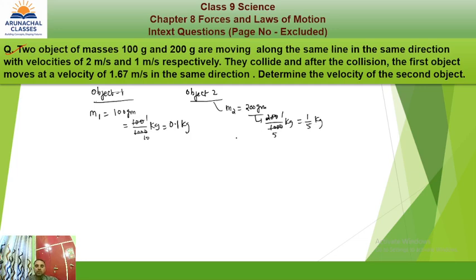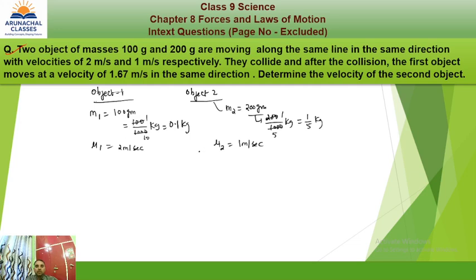They are moving along the same line in the same direction with velocities of 2 meter per second and 1 meter per second. So the initial velocity of object 1, that is u1, is 2 meter per second, and the initial velocity of object 2, that is u2, is 1 meter per second.